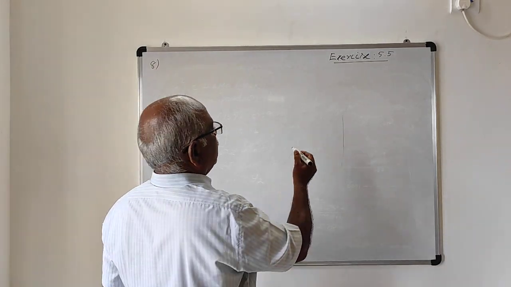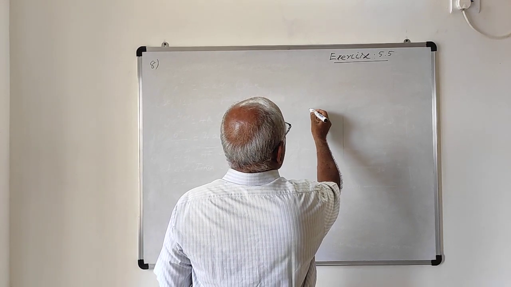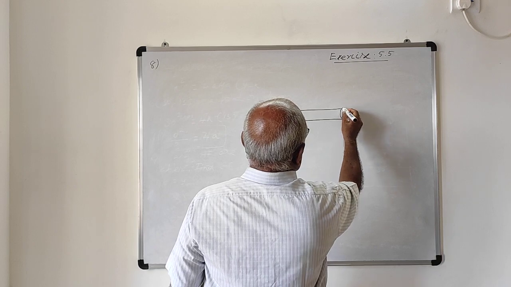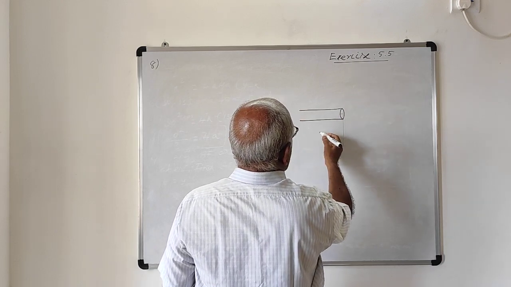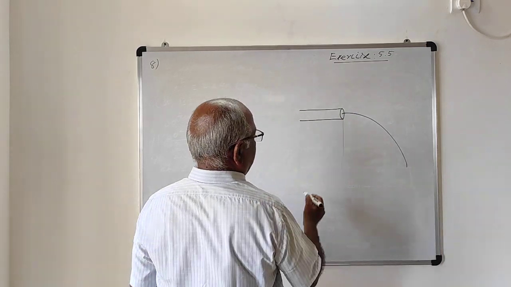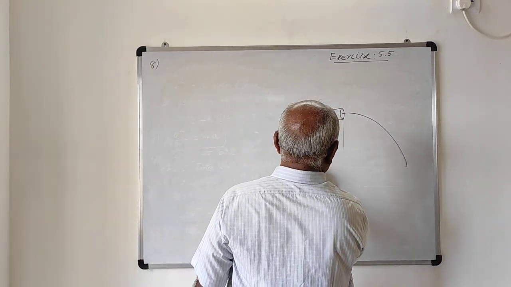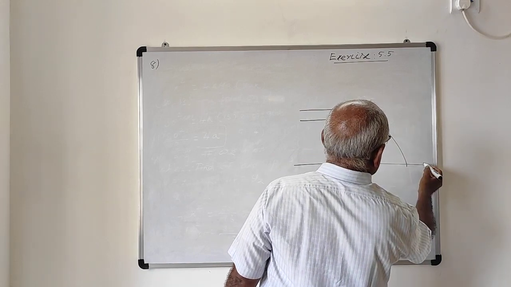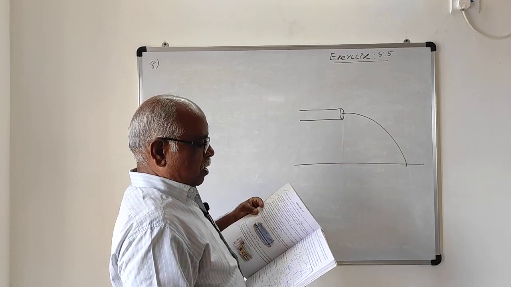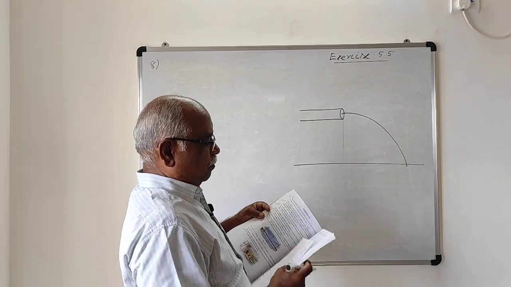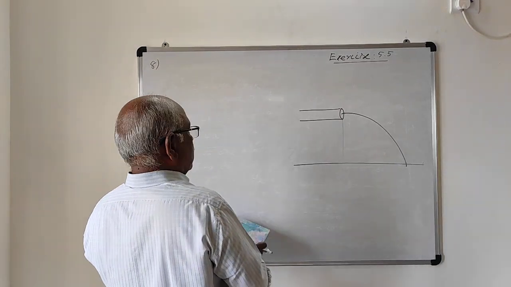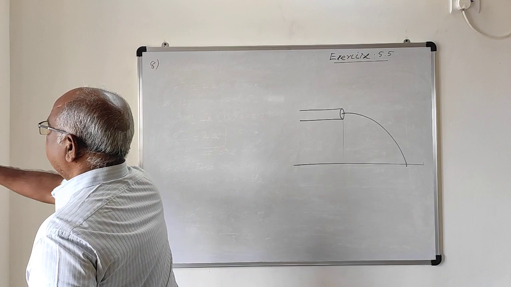See, water flows through the pipe and flows like a parabolic path. The height of the pipe is 7.5 meters above the ground.